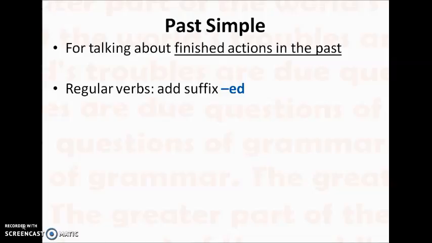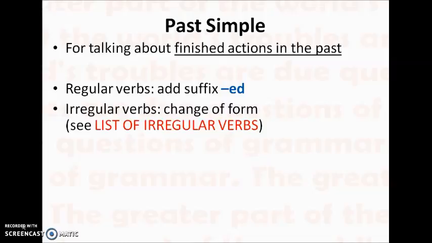If the verb we are using is irregular, we use its special past form, such as become, became, say, said, tell, told, put, put, see, saw, and so on. A PDF document with the list of the most common irregular verbs is uploaded on our campus. Please check them out and make sure you know them.